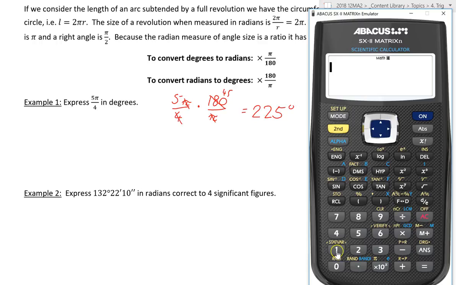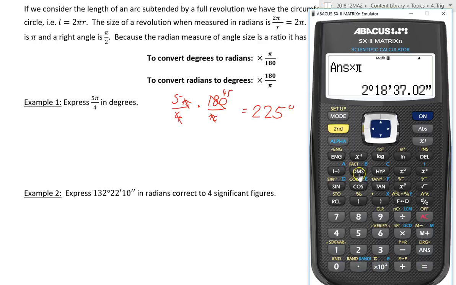First I enter my 132 degrees, 22 minutes, 10 seconds. What I'm going to do first is divide that by 180, and convert that to a decimal. It's that many pi, so let's multiply that by pi.